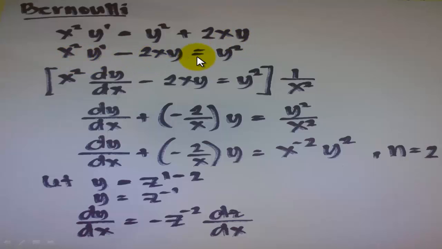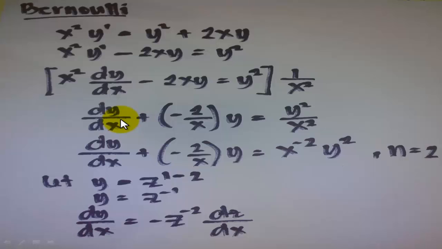Now rearranging this into your standard form: x squared y' - 2xy = y squared. Now in order to get rid of the x squared here, you have to multiply the whole equation by 1 over x squared, which will give you the standard form of your linear differential equation, from Bernoulli to linear.